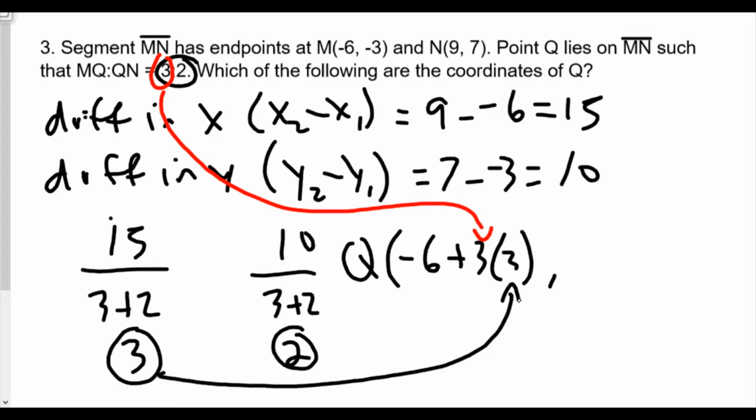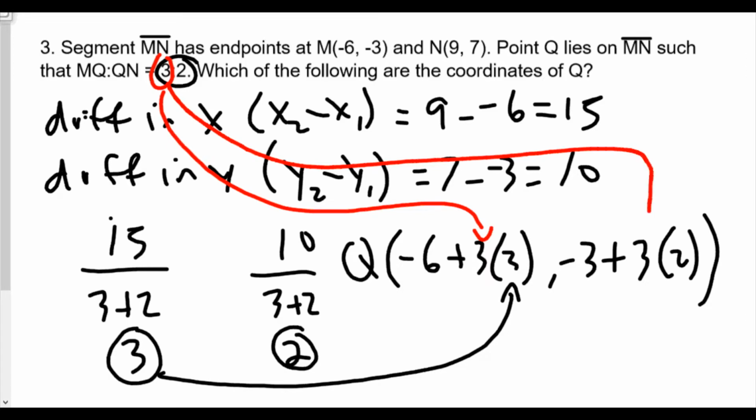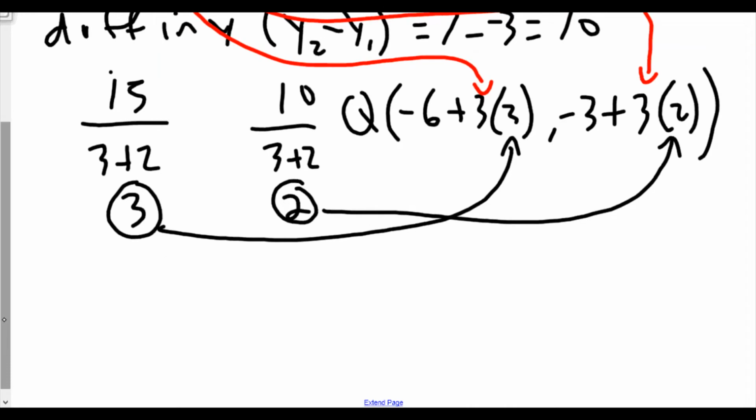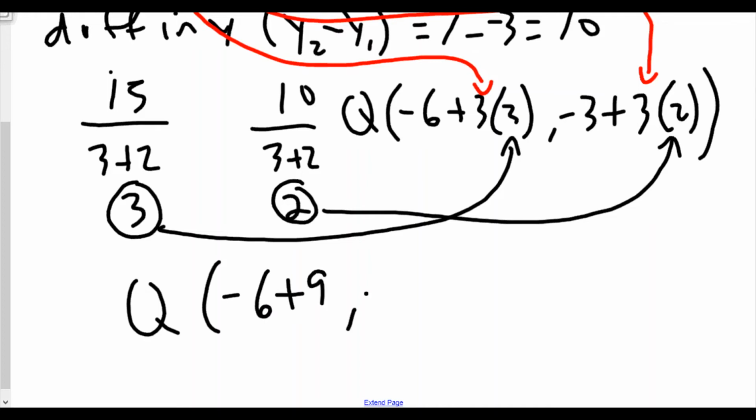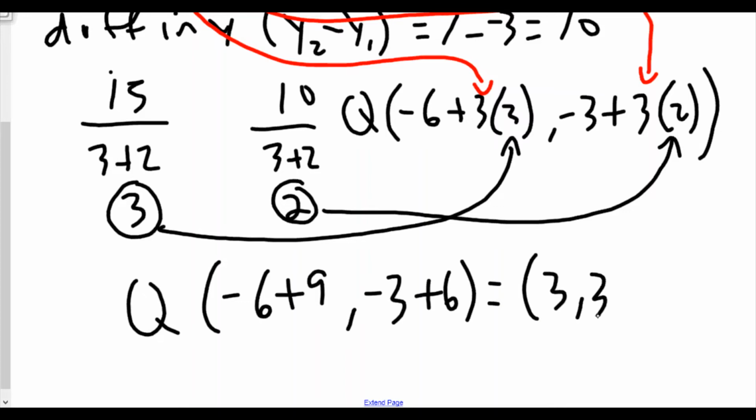That also means for the y value, we start off with -3, that's our y1, and we're going to add 3 times 2. Again, this 3 comes from the ratio piece, and the 2 comes from the number of pieces we've broken everything into. So point Q is going to be -6 plus 9, comma, -3 plus 6, or the coordinate 3, comma, 3.